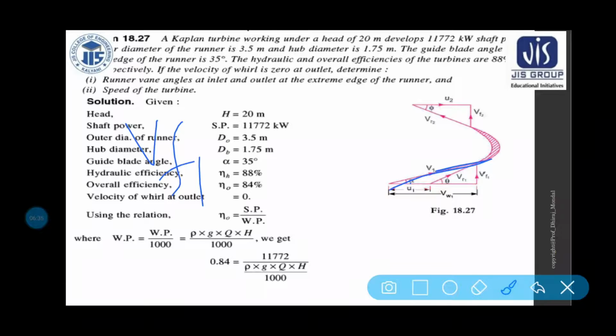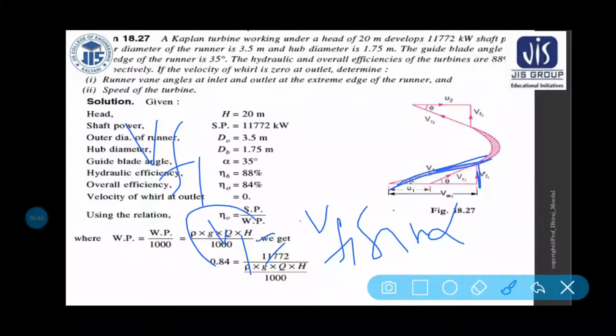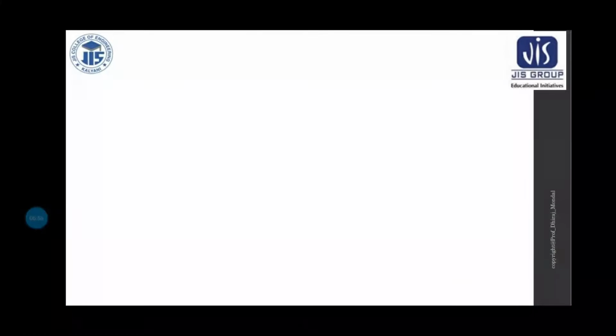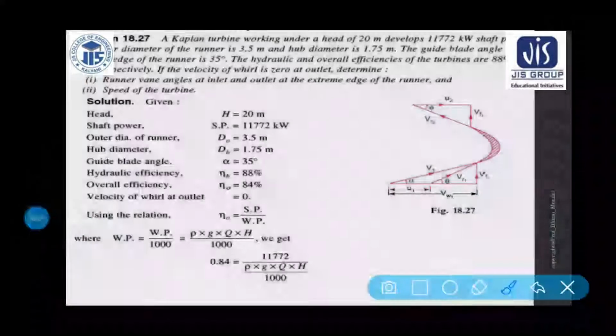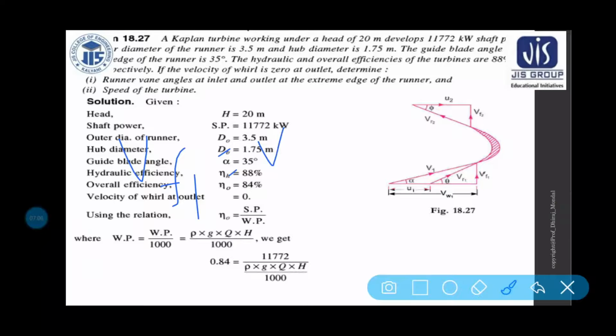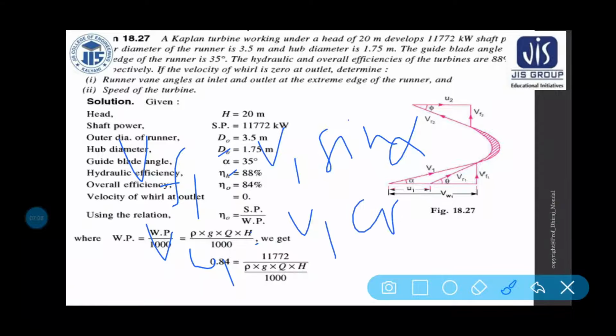So Vf1 is known, so V1 you can find out, because we know that V1 is equal to Vf1 by sin alpha. So can I find out V1? If I get V1, then I can get Vw1 easily, because Vf1 is equal to V1 sin alpha and Vw1 is equal to V1 cos alpha.